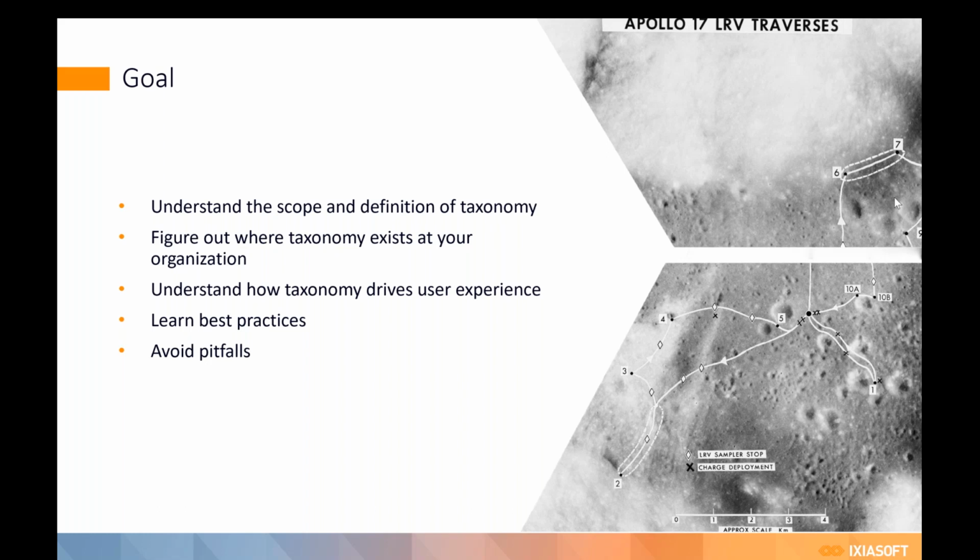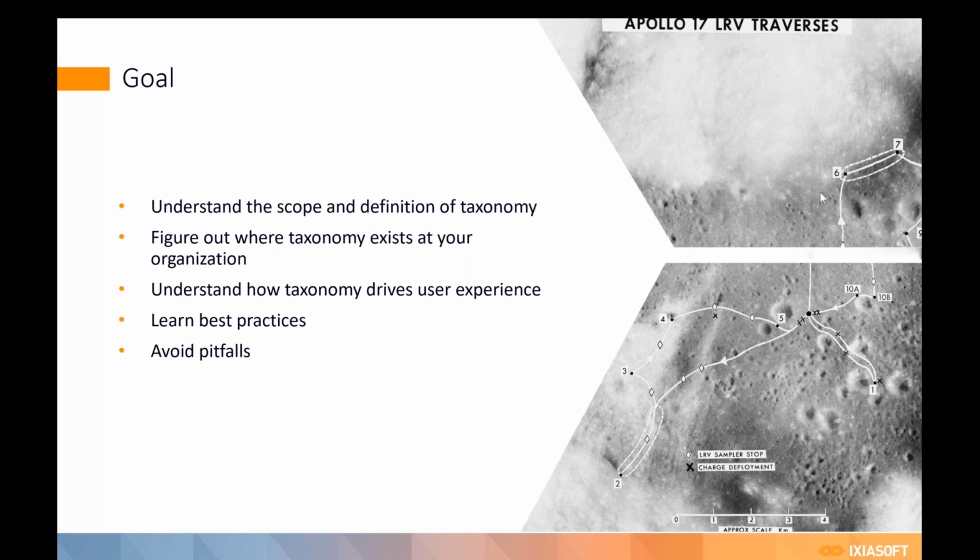and come up with these awesome sites and take taxonomy and content delivery to the next level. So some of the goals that we really want to hit on today is we want everyone to understand the scope and the actual definition of taxonomy. We also want to focus on the fact that taxonomy probably already exists in your organization and you may or may not know this.